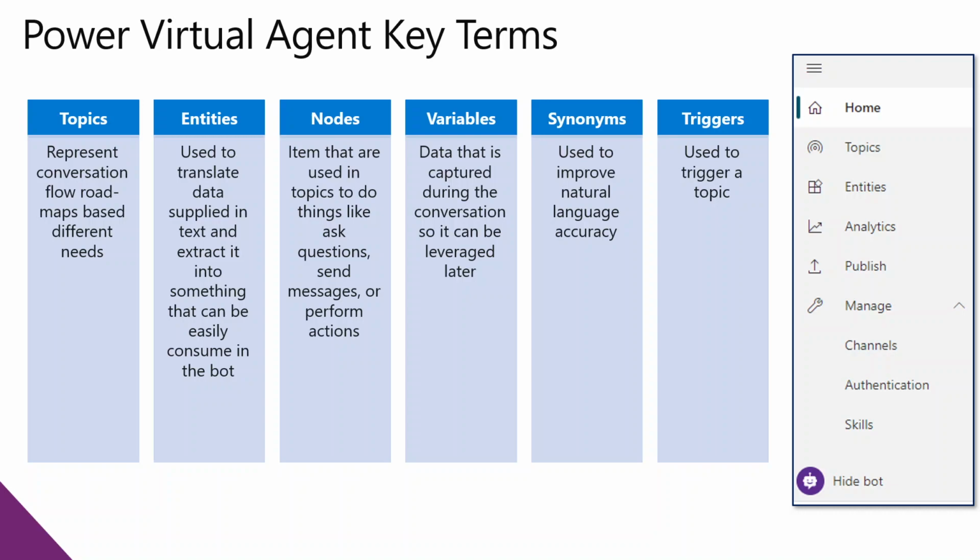Synonyms are just ways of improving the accuracy of natural language. So for example, you might have an entity called shipping type, which might be standard delivery or same day delivery, just those two things.